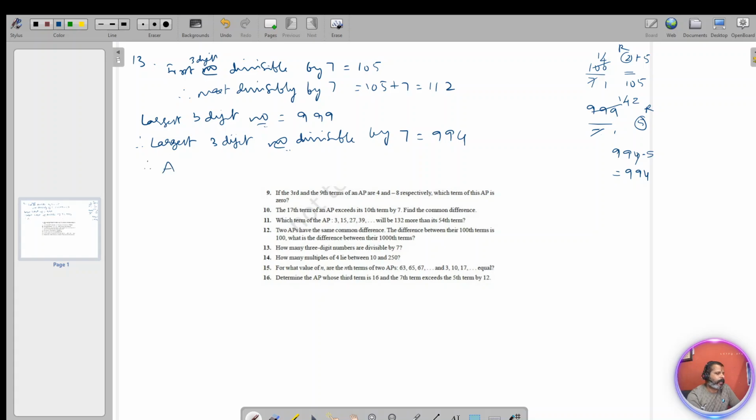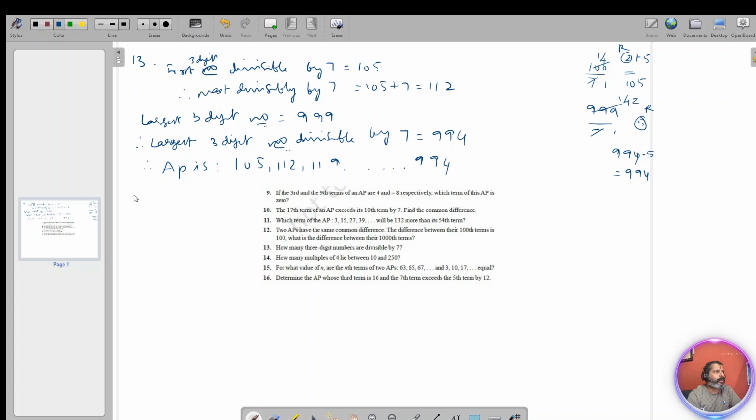Therefore, you have to construct the AP. That is the logic here. For that only we did all these calculations. AP is 105, 112, 119, dash dash dash, 994. Understood? Now you find how many terms n we want here.